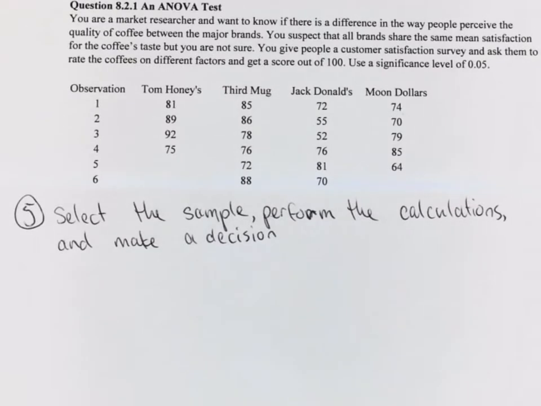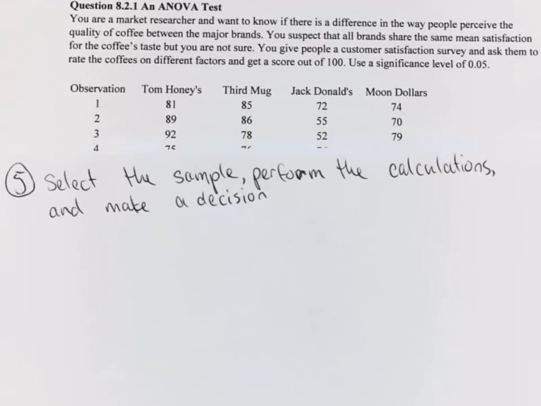A convenient way to summarize our calculations of the F statistic is in what's called an ANOVA table. The format of ANOVA is as follows.